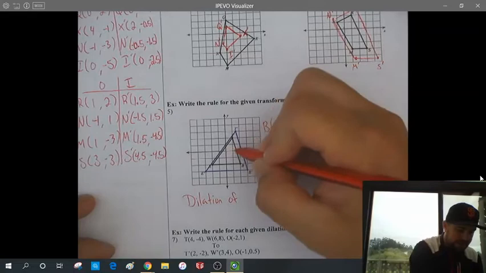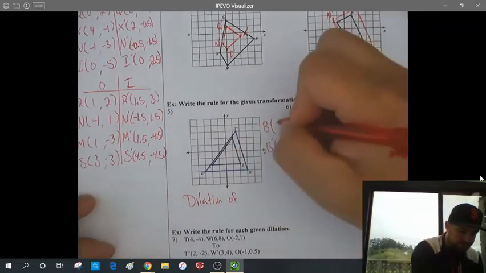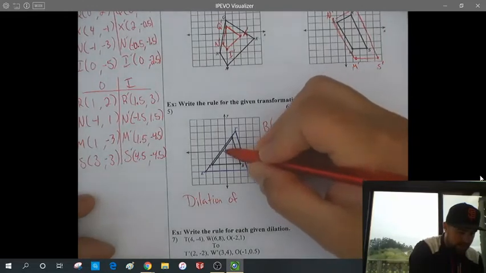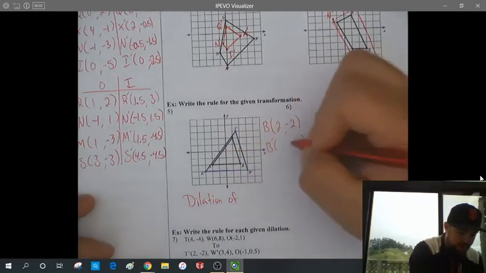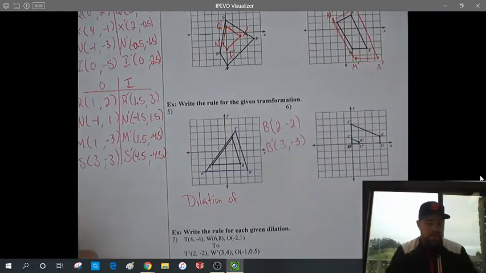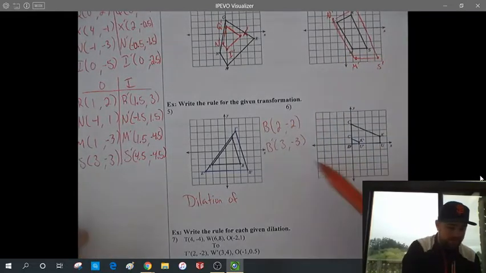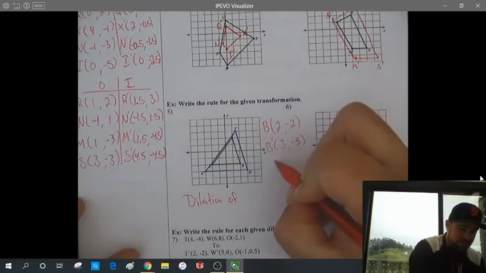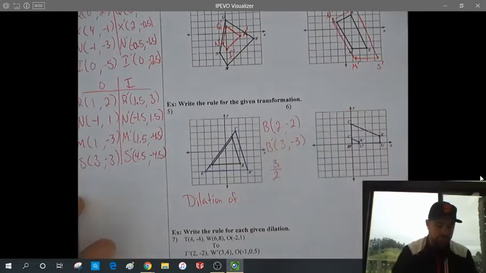B was at 2, negative 2. And then B prime is at 3, negative 3. And so what I can say is that in order to make B prime, it's a 3:2 ratio that the enlargement is there.